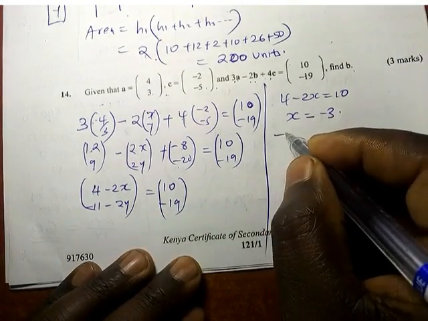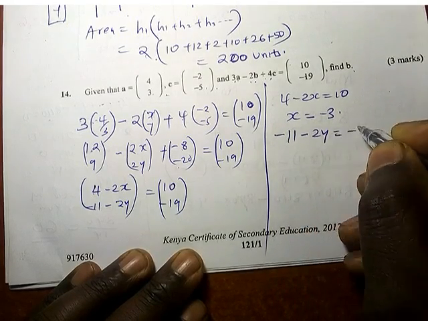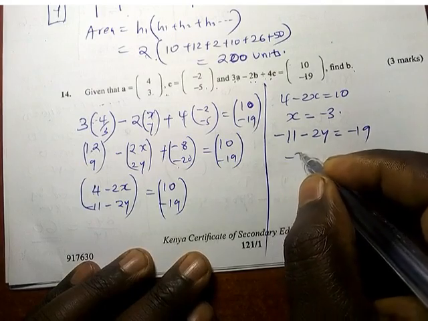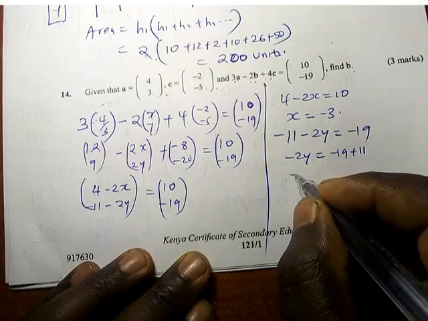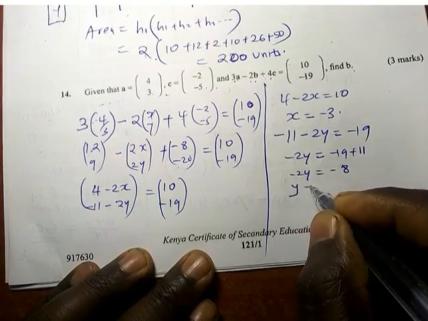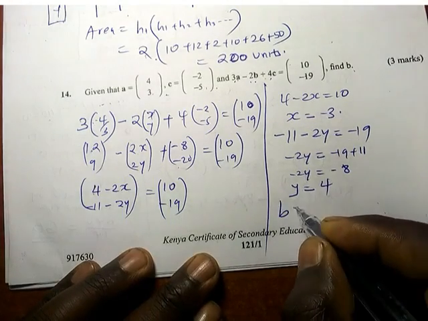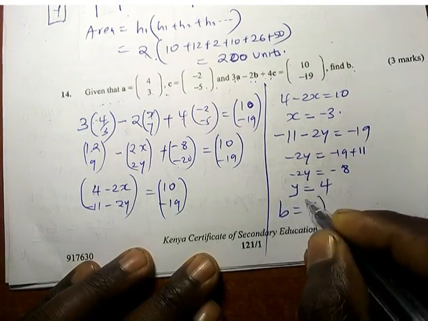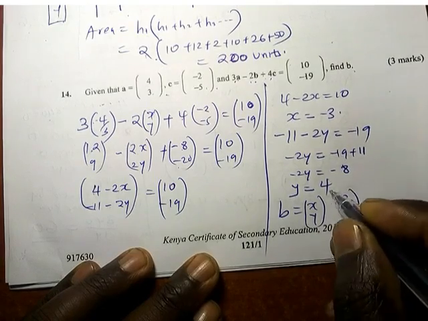We take the one below, negative 11 minus 2y is equal to negative 19. Negative 2y is equal to negative 19 plus 11. Negative 2y is equal to negative 8. So y is equal to 4. So the value of b, which we gave as xy, is negative 3, 4.